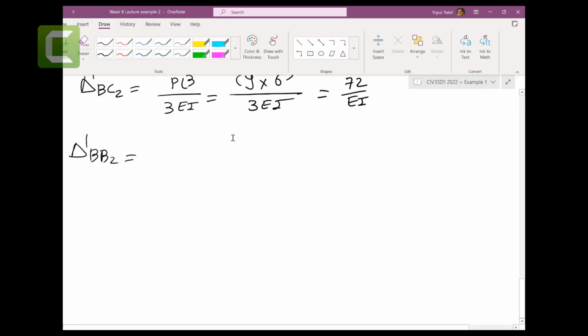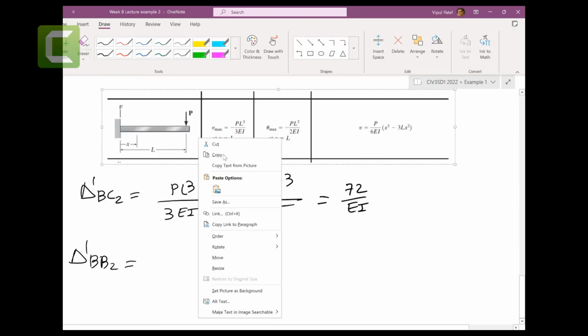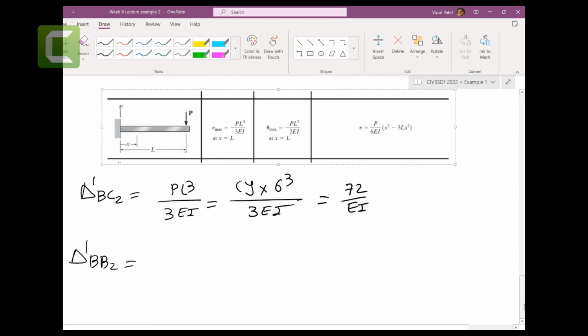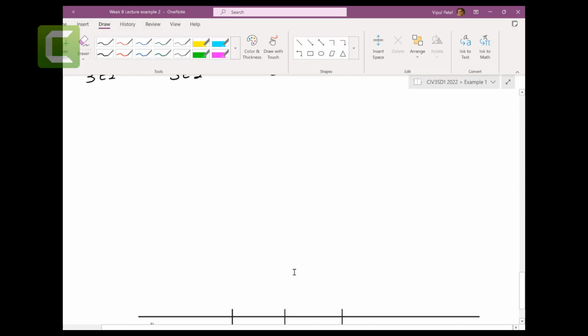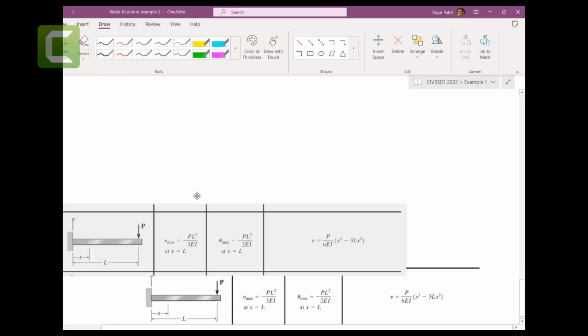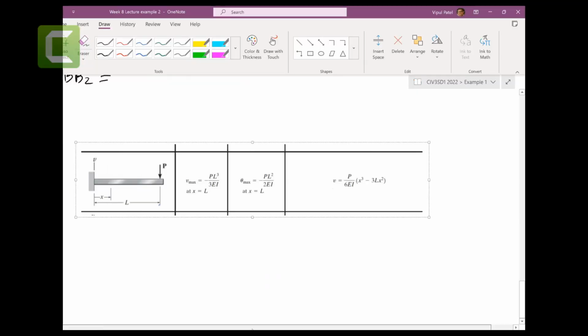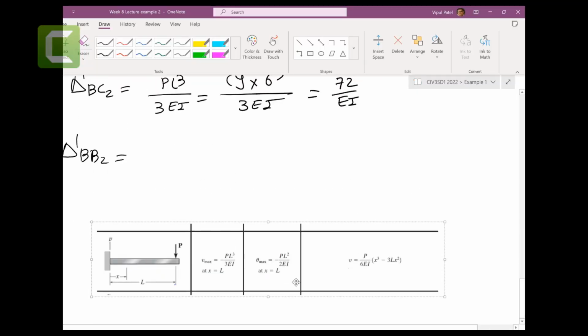Now we can use the same one here, because for delta dash BB2 we need to find it at the midpoint. So in these equations we're going to substitute x equal to 3.